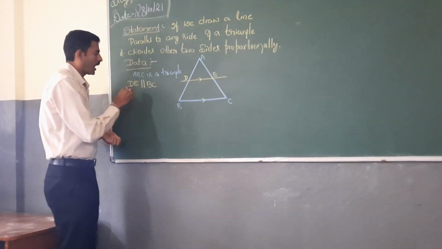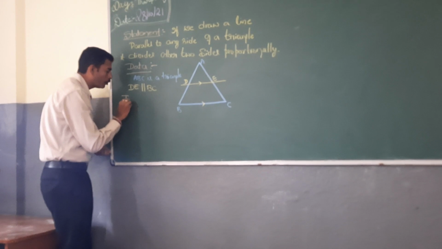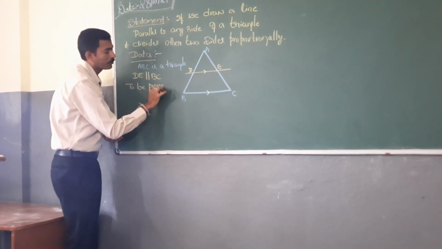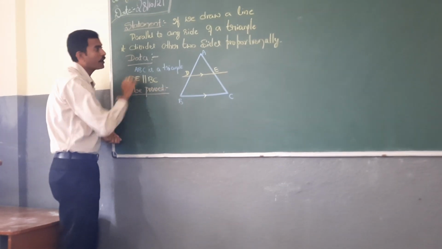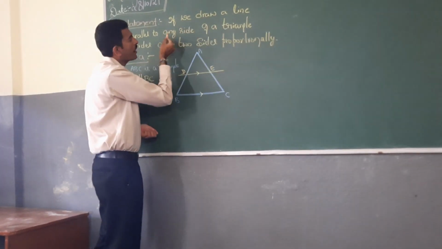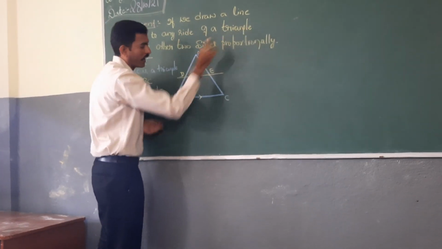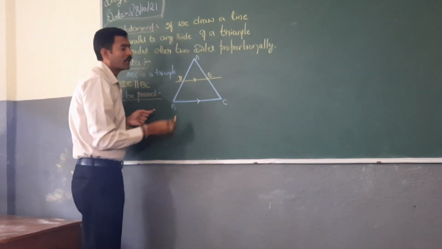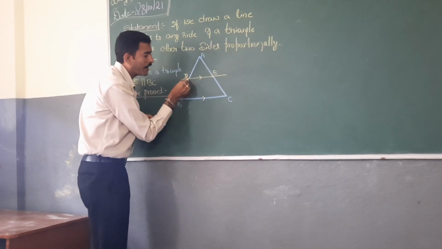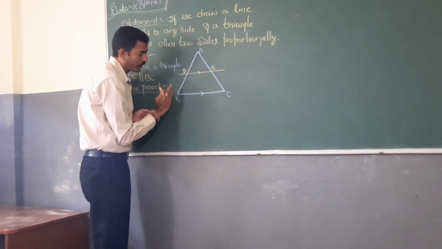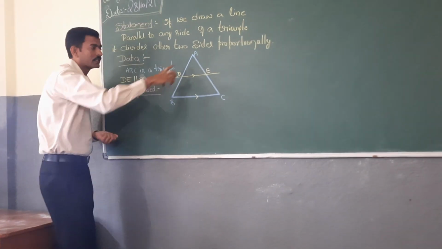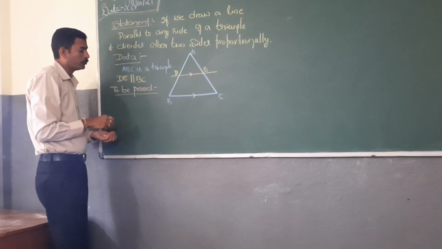By using that, what do we have to prove? To be proved: if you draw a line parallel to any side of a triangle, this much I have taken. Then what happened? This line divides the other two sides, AB and AC, proportionally.